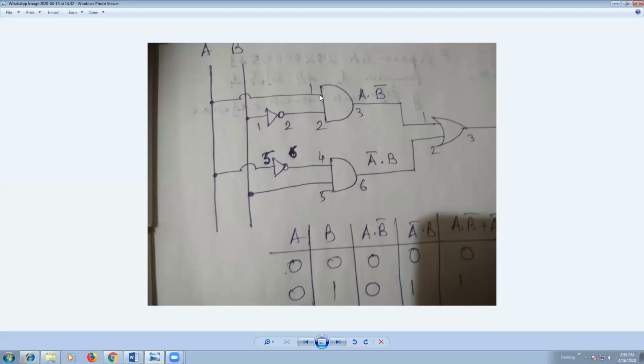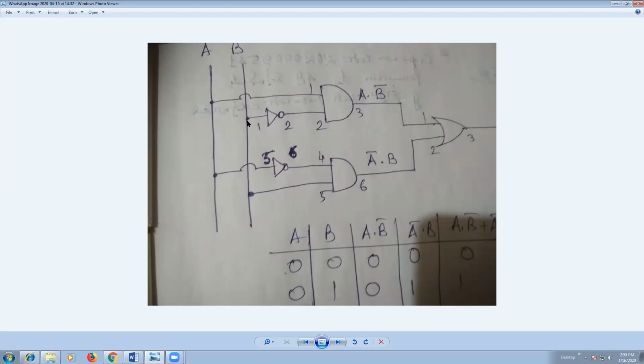Pin numbers 1 and 2 I have taken as input terminals and 3 as the output terminal of this AND gate IC. So A is to be connected directly with pin number 1 for making A dot B bar.